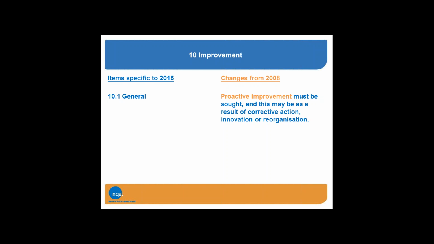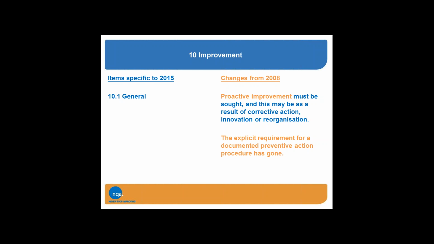And this is a significant change from the 2008 standard. So a change that we see from 2008 to 2015 is this requirement for seeking proactive improvement, which can be a result of corrective action, innovation, or reorganization. So there are various ways that we can proactively improve.